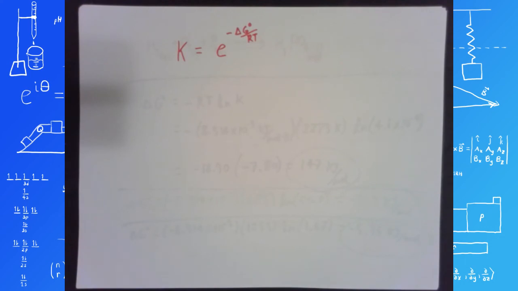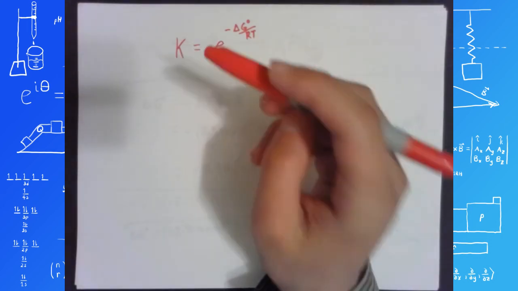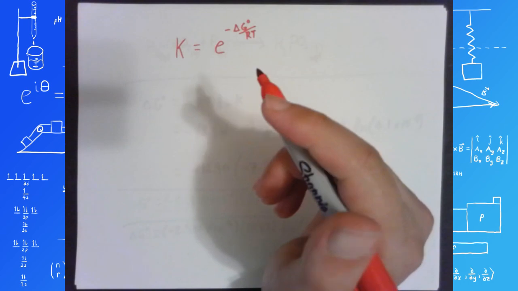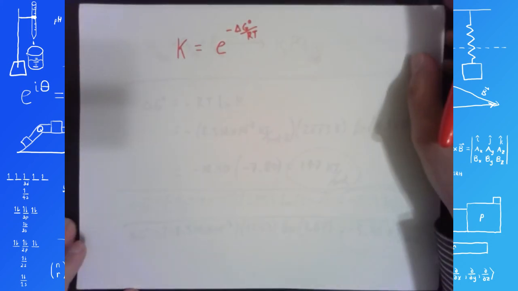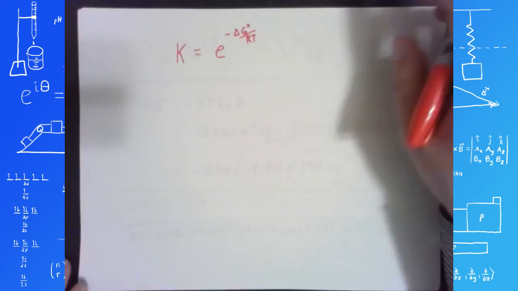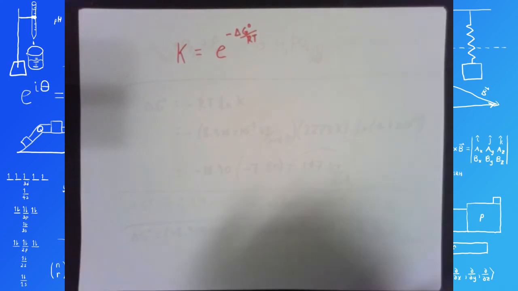So yeah, the more spontaneous the forward reaction is, the larger the K value, the more heavily the equilibrium lies towards products. And that should make sense to you intuitively. If a reaction likes to go forward a lot, then it's very spontaneous.